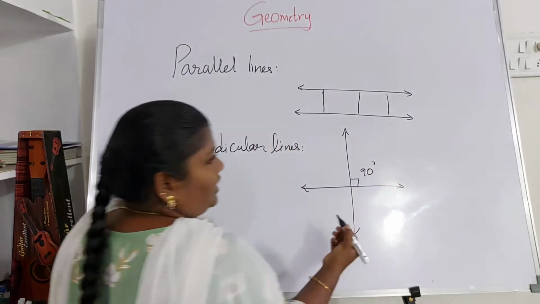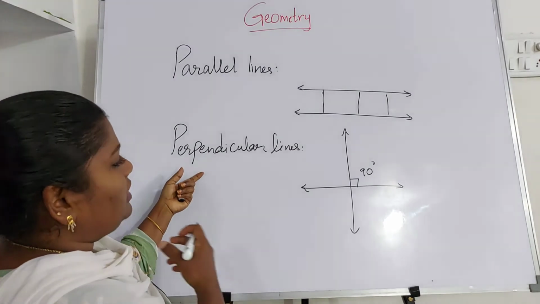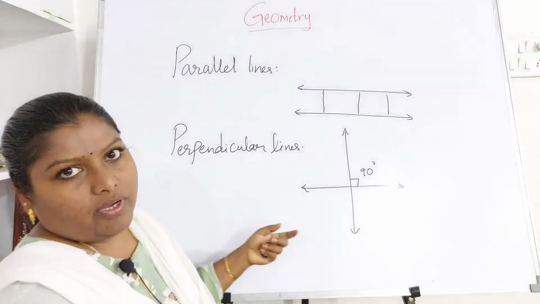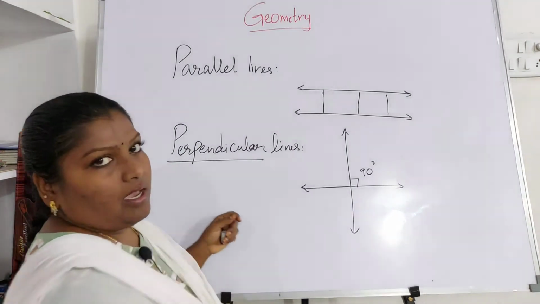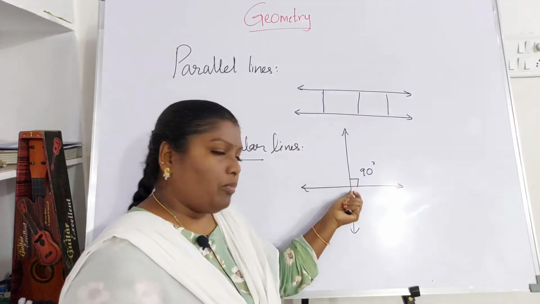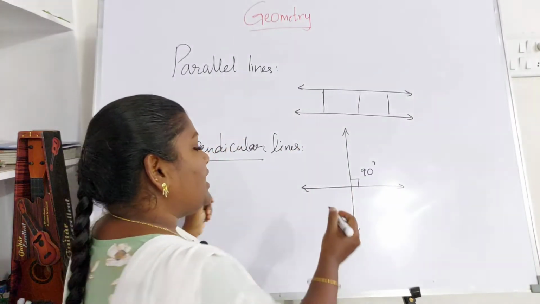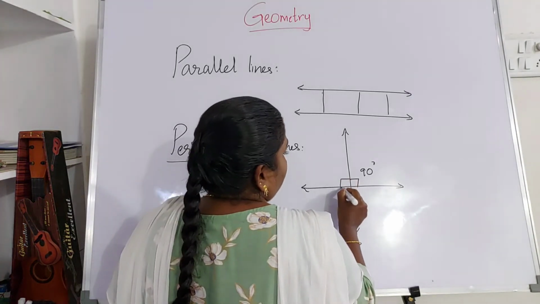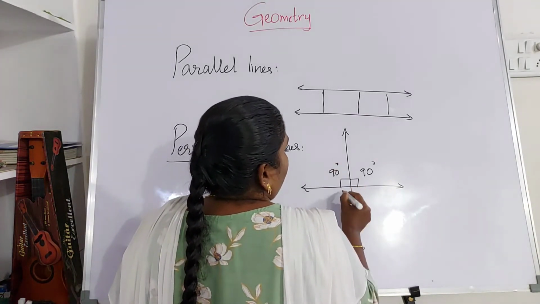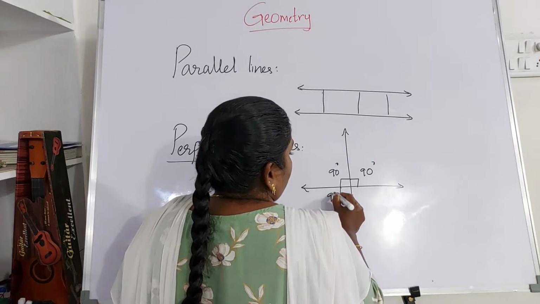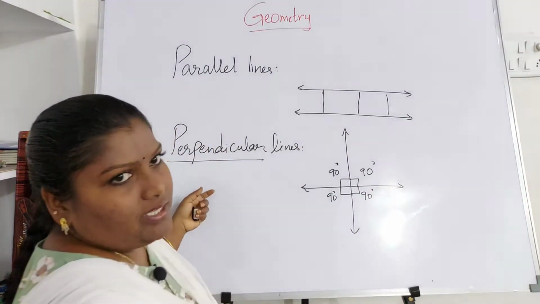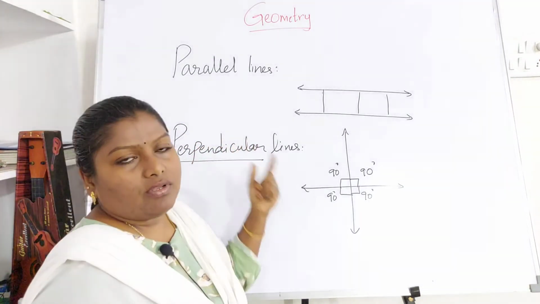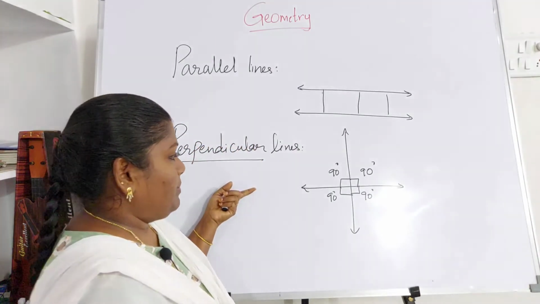Intersecting lines, as I explained just before, are two lines meeting at a point, whereas perpendicular lines are two lines meeting at a point by making an angle of 90 degrees. So these perpendicular lines are also said as intersecting lines, but intersecting lines are not said as perpendicular lines.